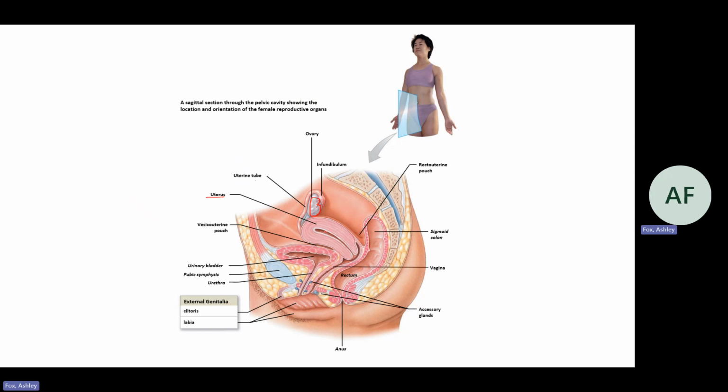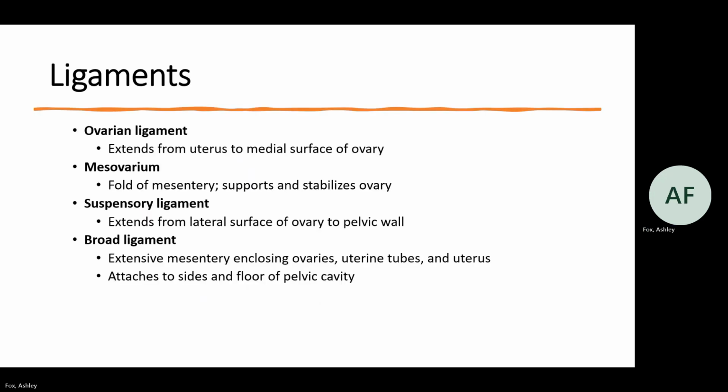Then you have the cervix that's here, and then you have vagina, and clitoris is going to be in this section here. And we have the labia, both minora and majora.